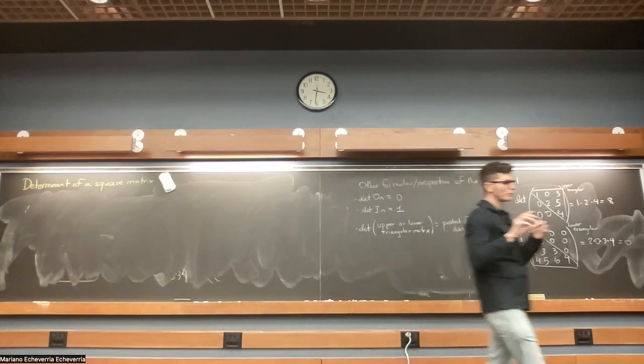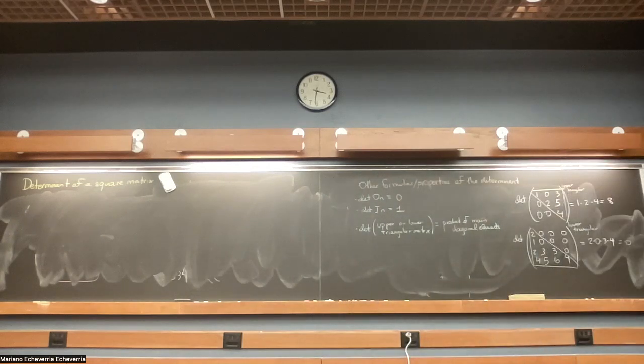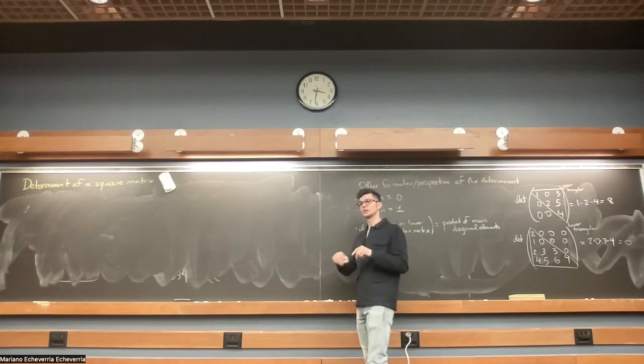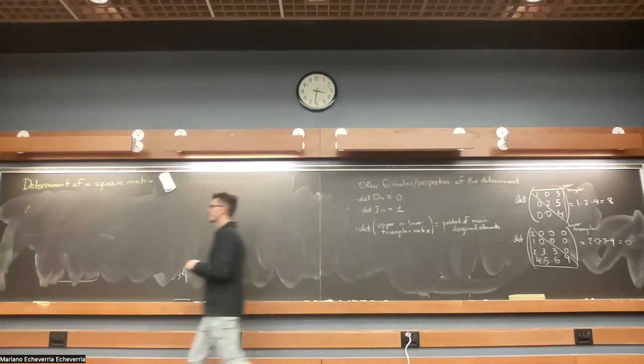There were 3 row operations we did for reducing a matrix. One of them was to exchange rows, if you remember. The formula for the determinant says that when you exchange rows, the determinant changes sign. So let me write that down.